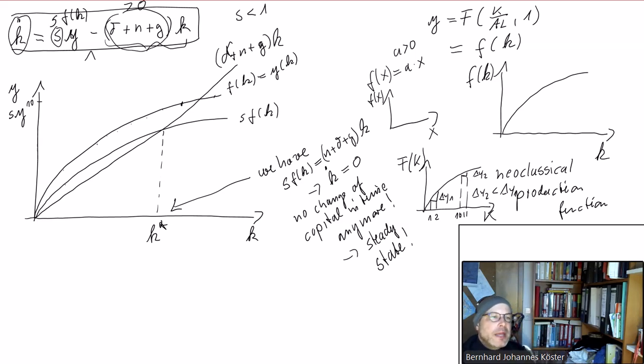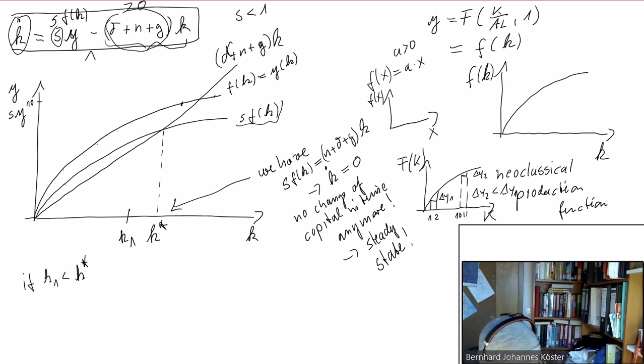Well, and also we can argue if we are at some k smaller than k star, if k1 is lower than k star, what do we have?